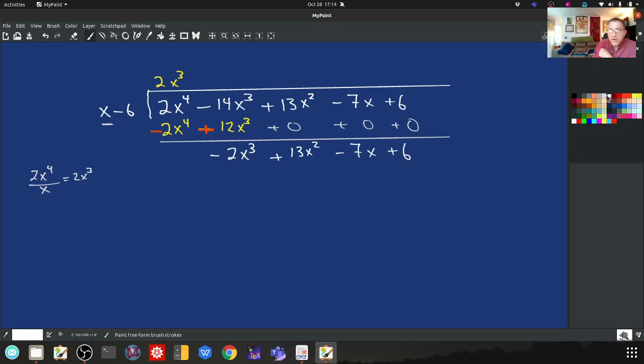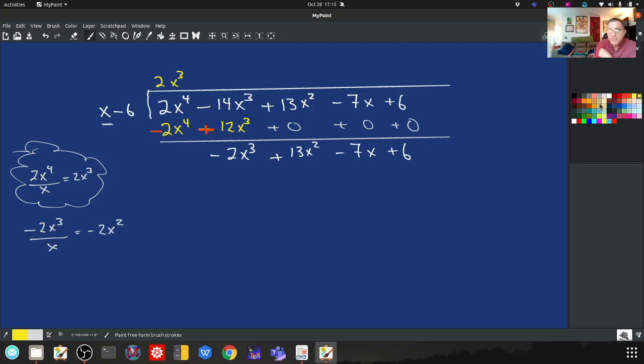So now the leading term we're going to focus on is minus 2x cubed. So again, this is side work. Minus 2x cubed divided by x, you're always dividing by that term, is minus 2x squared.